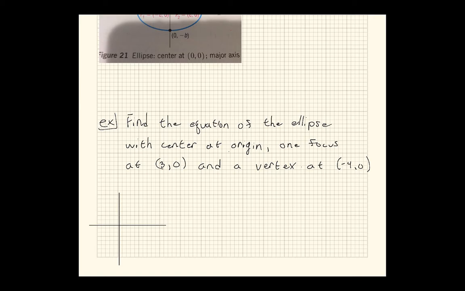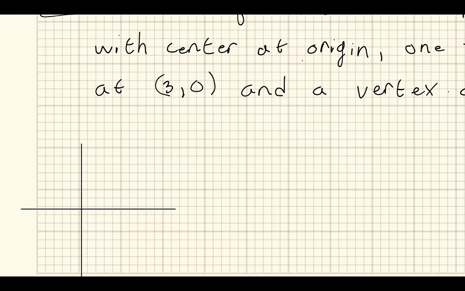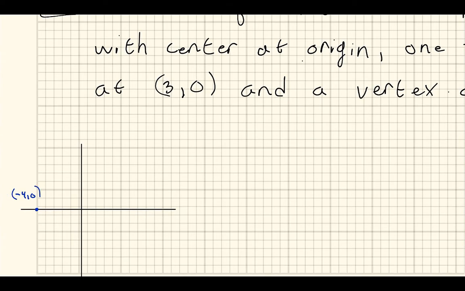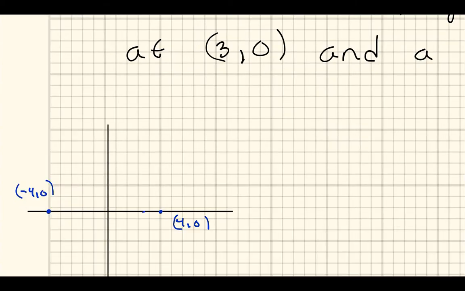Let's say here's negative 4, 0. It's not drawn to scale. Here's positive 4, 0. We also have a focus at 3, 0. How did I know we'll have another vertex?